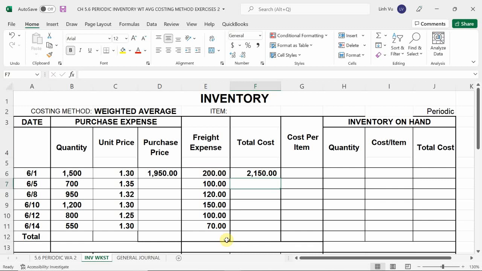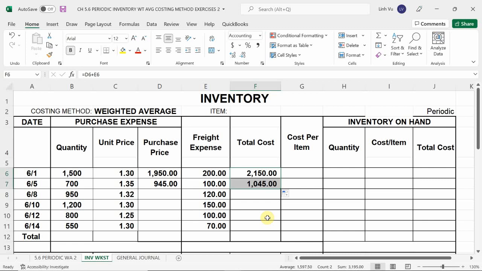Then on June 5th, we end up purchasing 700 units at $1.35, with a freight of $100. So in this case, what's my total purchase price? 945. $945 plus 100 is 1,045.